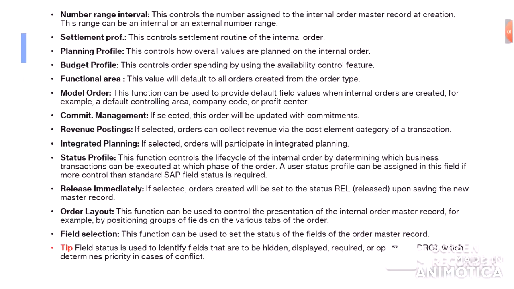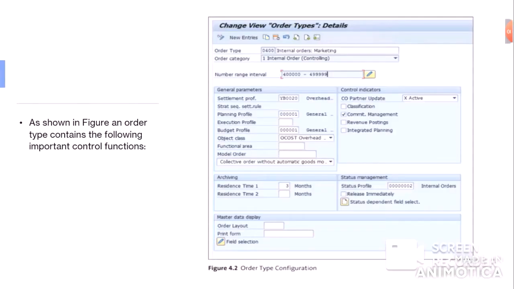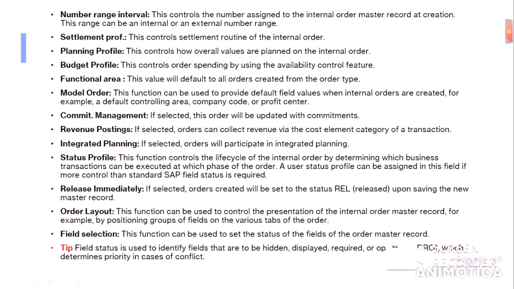The first thing we see is the number range interval. We can see these things here: the number range interval, settlement profile, planning profile, budget profile, and everything. So we are going to discuss each and every field in the internal order type. Number range interval: this controls the number assigned to the internal order master record at creation.